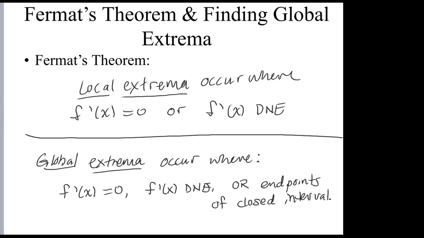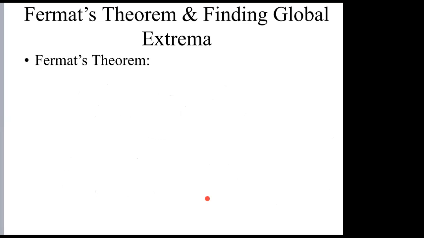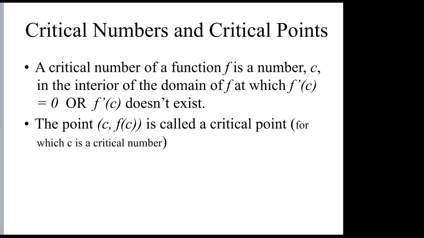Okay. These places here, where the derivative is equal to 0 or the derivative does not exist, are kind of special points. We said that the mins and the maxes can occur here. We actually give them a particular name. These are called critical numbers, or critical points if you prefer.